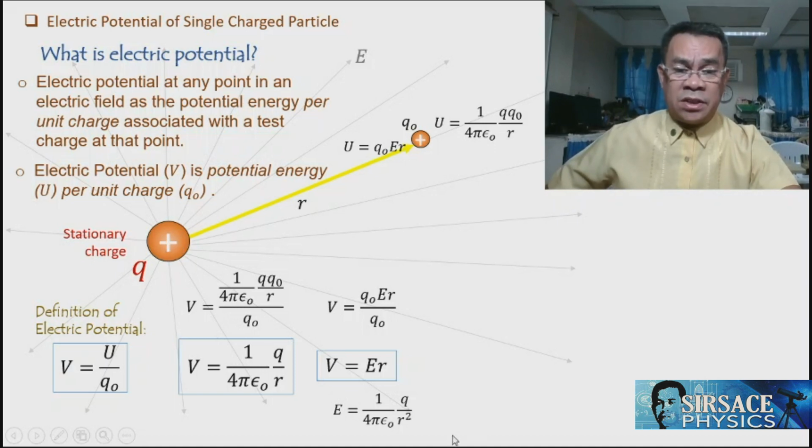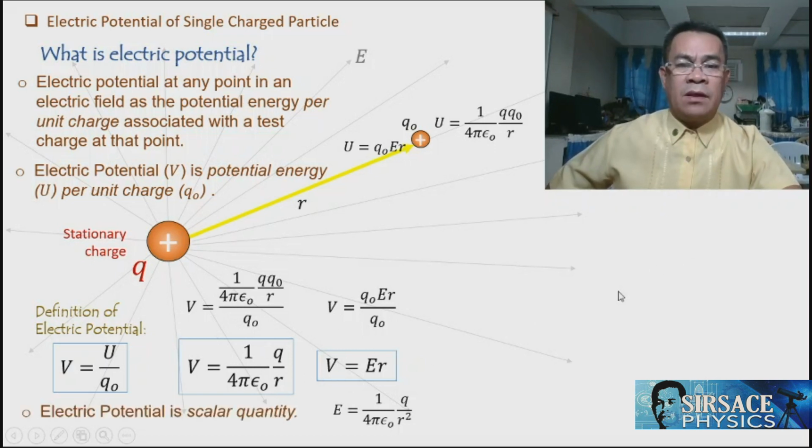We have the point charge, this is the formula, and we have the line charge, we have the ring charge. So in this case, if we substitute the electric field here, you will arrive at this one. Okay? Because when you substitute E here, this R will be cancelled, and this one will be reduced to 1. So therefore, leaving 1 over 4 pi permittivity Q over R. So therefore, these two formulas are the same. Okay? Depending on the given.